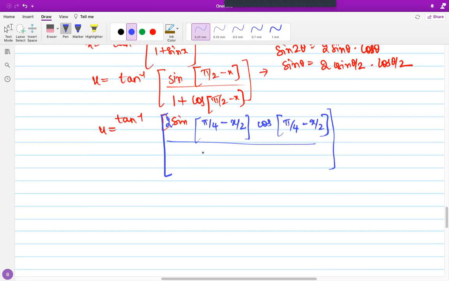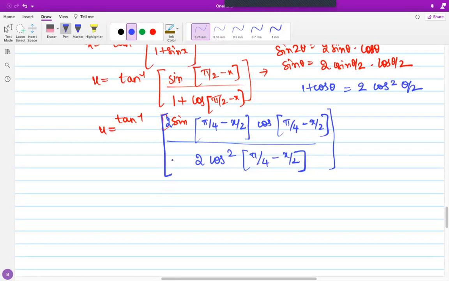So that will be 2 into cos square(pi by 4 minus x by 2), because of the formula 1 plus cos theta, which is equal to 2 into cos square theta by 2.